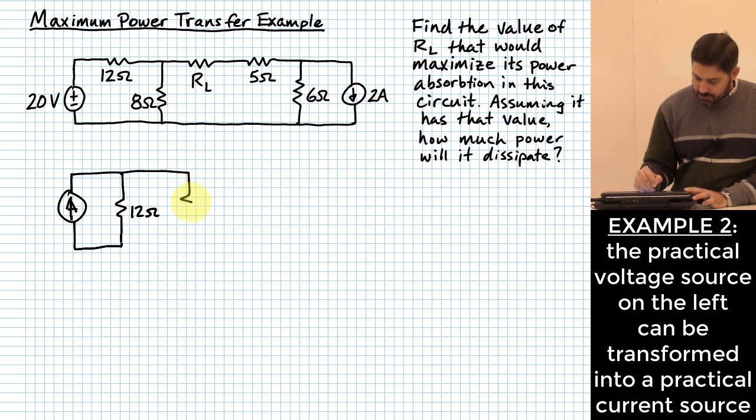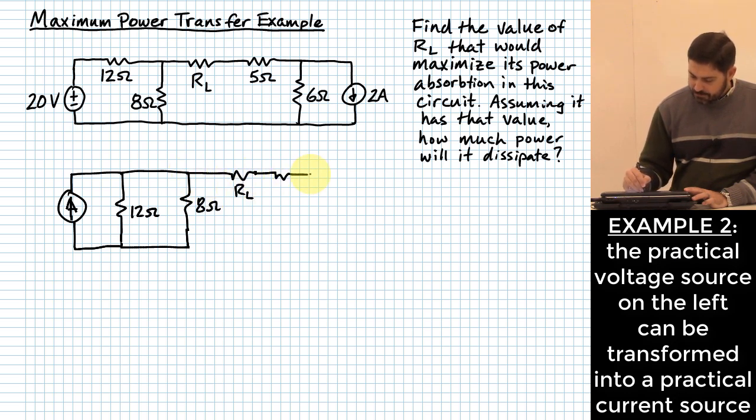And that's going to be in parallel with the other things that were in this circuit, right? The 8 ohms, the RL, the 5 ohms, the 6 ohms now in parallel over here with the 2 amps.